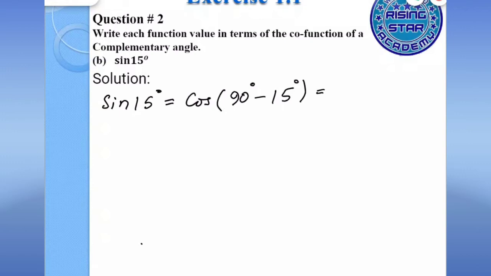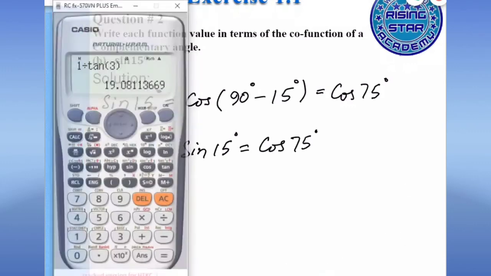That would be equal to cos of 75 degrees. Now we will use the calculator to check that sine of 15 degrees is equal to cos of 75 degrees.